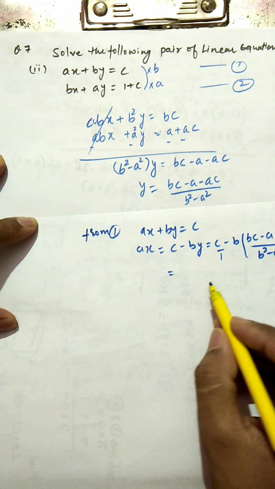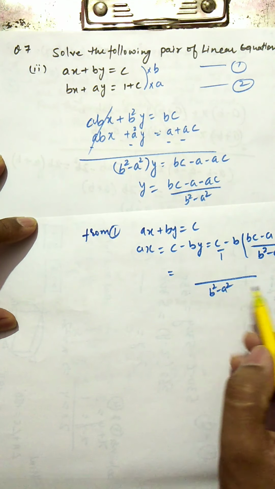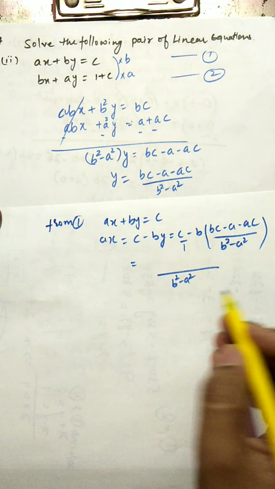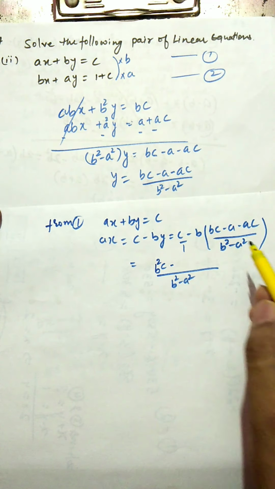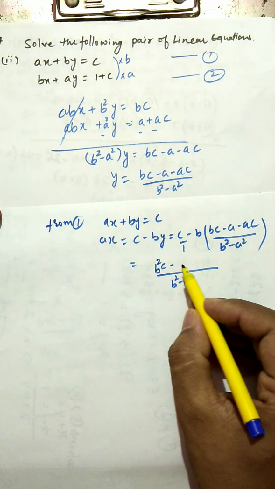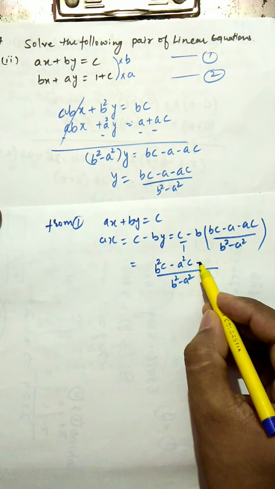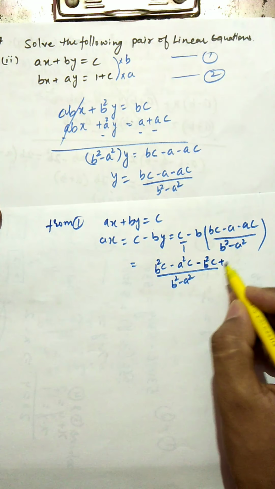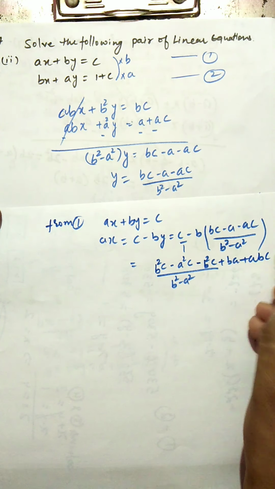Take the LCM, which will be b² − a², and if you simplify this, it will become b²c − a²c, and now you can open this bracket. This becomes b²c − (minus minus plus) ab, and then plus abc.